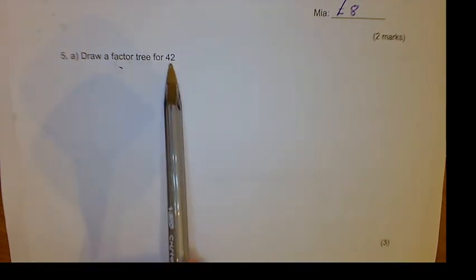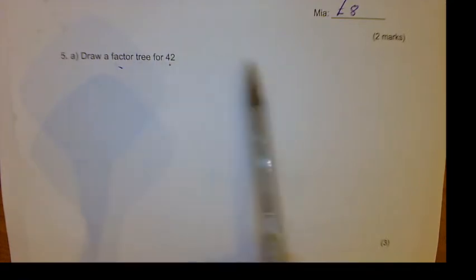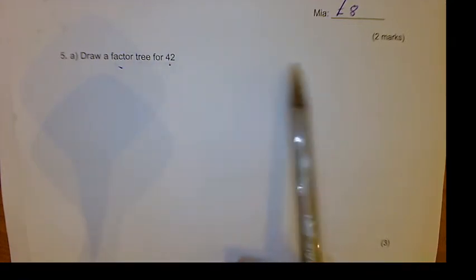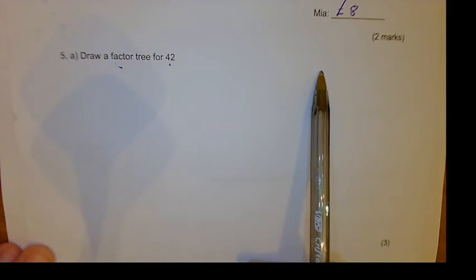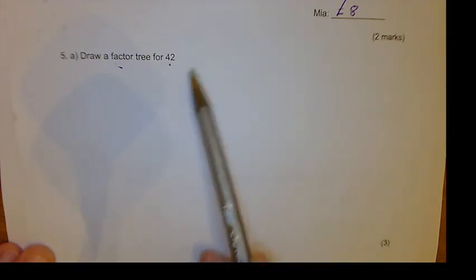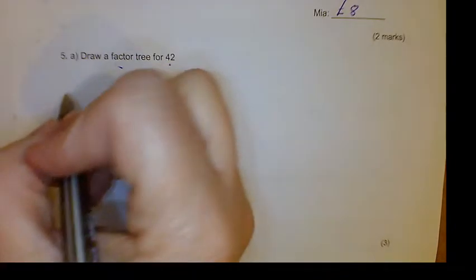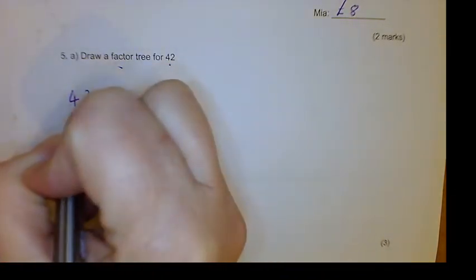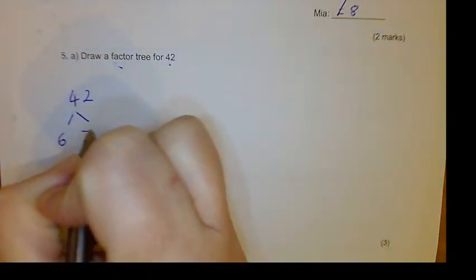Right, number 5, a factor tree. Now I'm going to do the factor tree for you because it says factor tree. But most of the time you'll be allowed to do a factor tree or a factor ladder. So I'll do the ladder for you as well in case you can't remember what the ladder is. Now remember, there are different ways of starting this one. So I can either put 42 as 6 times 7.